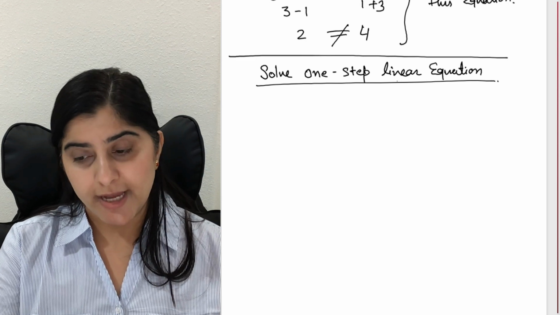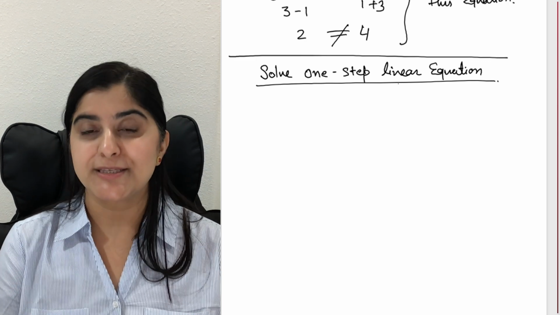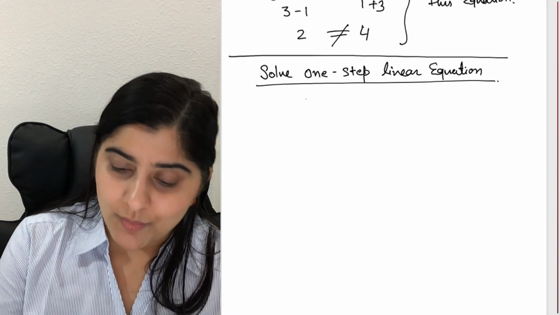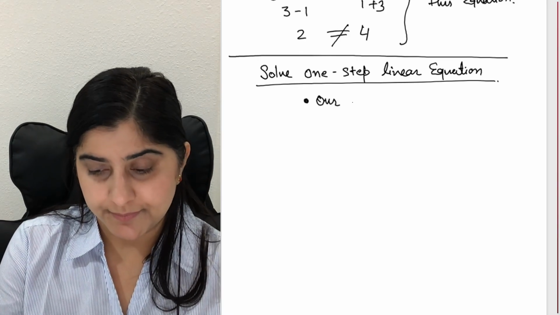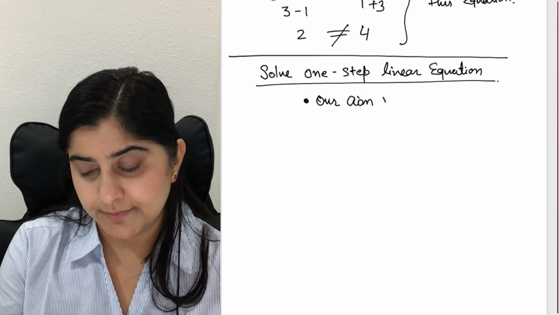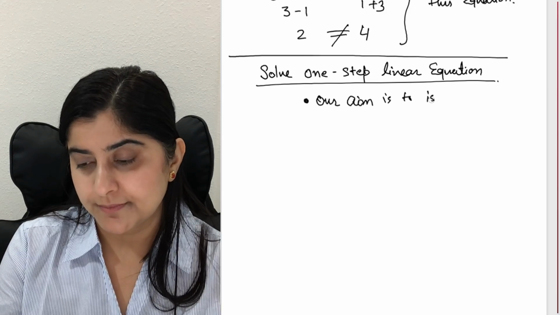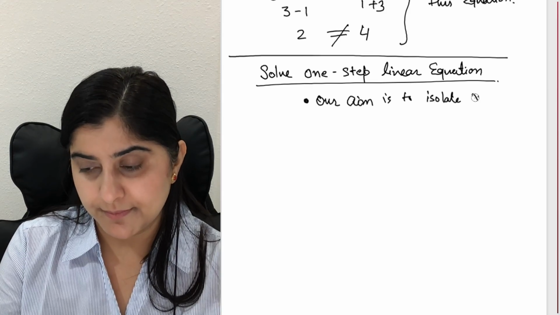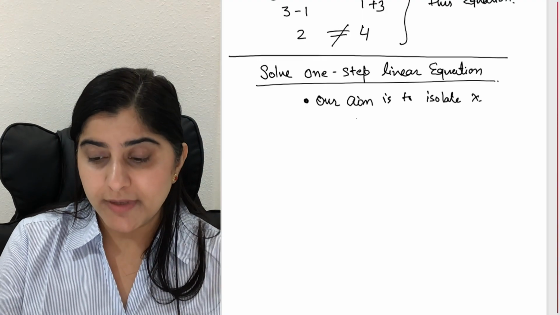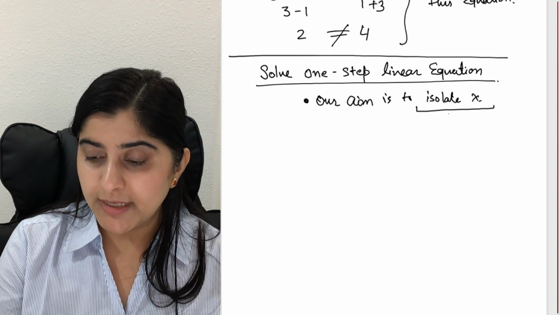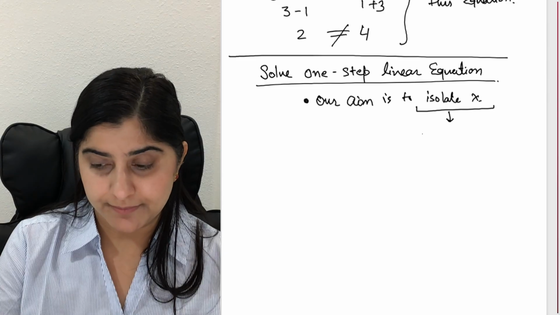So we have to solve linear equations in one step. Our aim is to isolate x. So to isolate x, what will we do? We will apply the opposite operation.